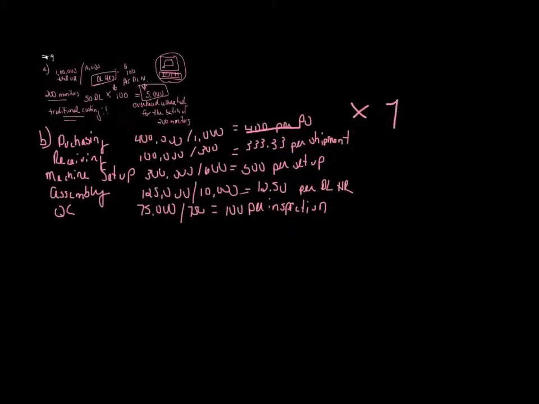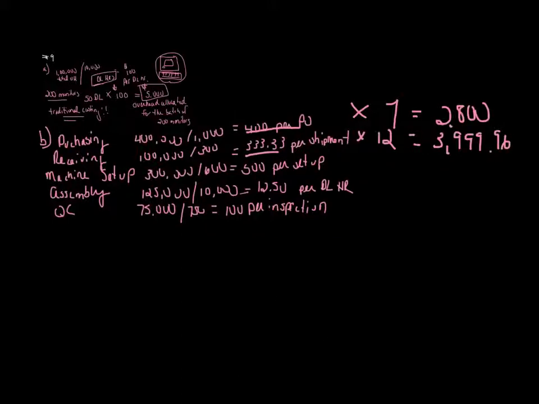So times the number that actually happened, we should come up with $2,800. Now for receiving, how many shipments of materials were received? 12. So we'll use that rate, the $333.33 per shipment times the 12 shipments that actually happened. So that should be $3,999.96.